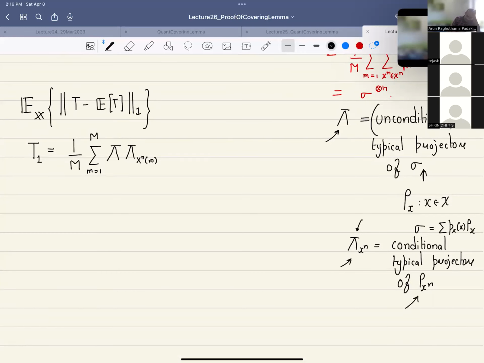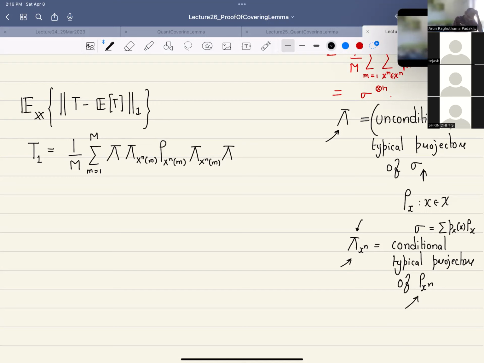Do this proof yourself at home. Pi xn of m pi. I'm going to quote this; I had only the rho xn sitting there, and I put a lot of brothers and sisters to it on the left and the right.